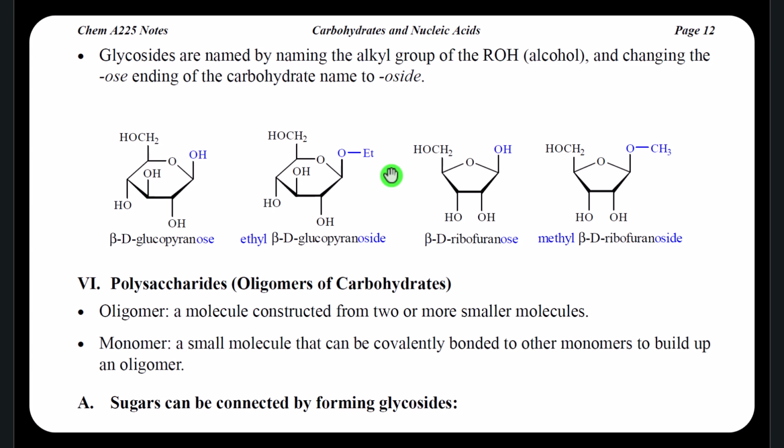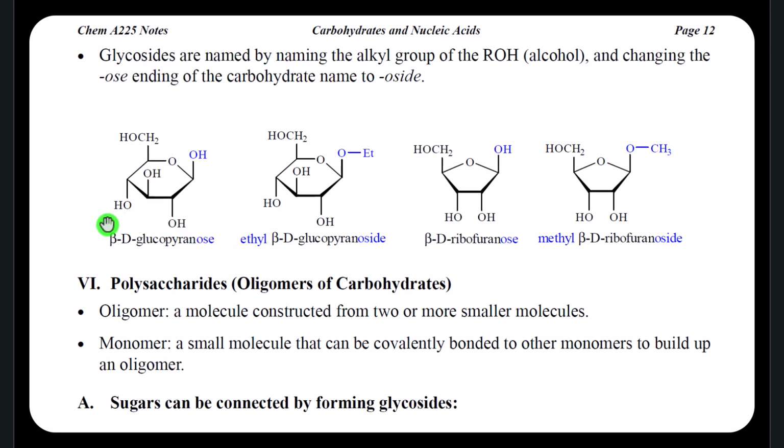So what we will do is first name the carbon group of the alcohol that we used to form the glycoside. For example, here we have this sugar-derived portion, and then here we have an ethyl connected to an oxygen. So we will call this an ethyl glycoside by putting the name of that carbon group in front.